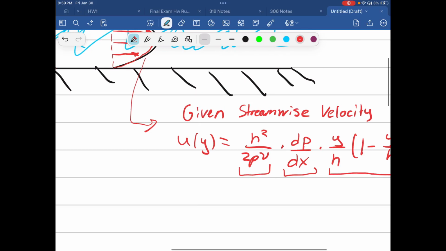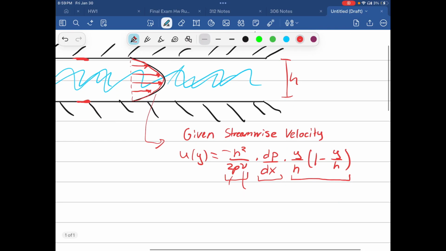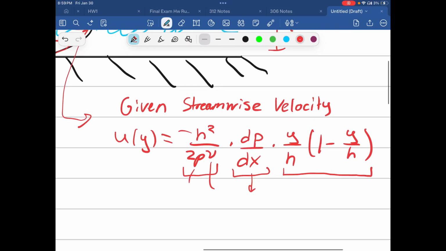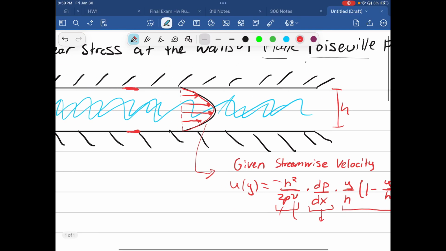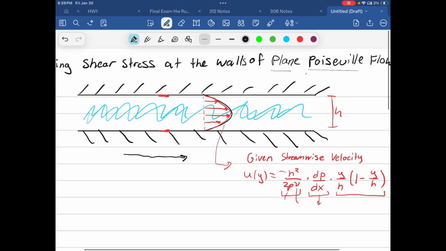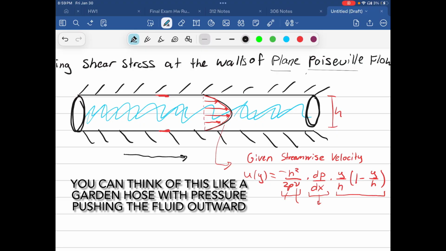And so here we have this is our height, right? So the height of the distance between the plates, and then we have our density, we have our viscosity, and then here this term, this is pretty important. This is our dp over dx. This is the pressure difference as we are traveling along the x direction here. And so with plane Poiseuille flow, we have a high pressure over here, and then we have a low pressure over here.